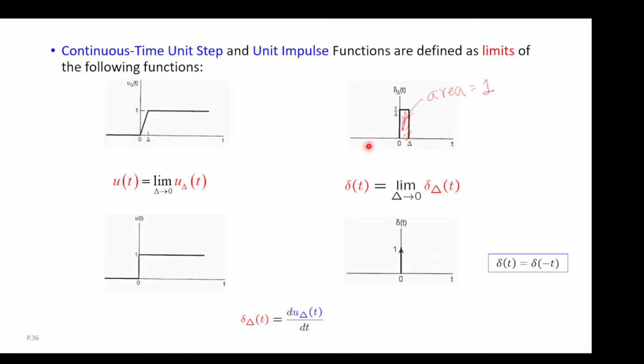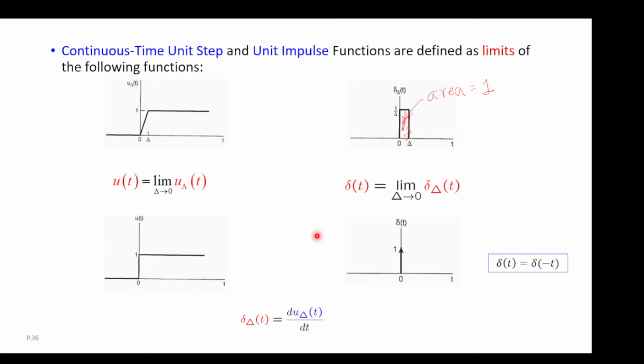But when you take the limit, it actually becomes an even function, or even distribution, because for every t bigger than 0 it is 0, and for every t less than 0 it is also 0. So we actually think delta of t equals delta of minus t, even though delta of triangle is not equal to delta of minus triangle. Something funny happens when you take a limit.